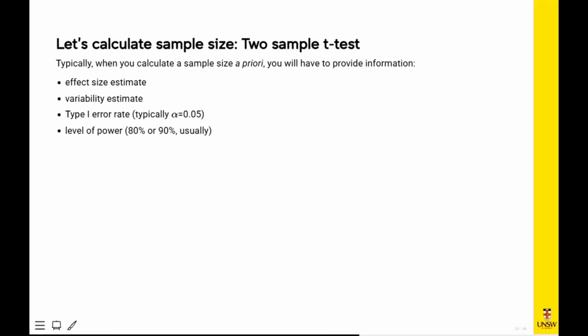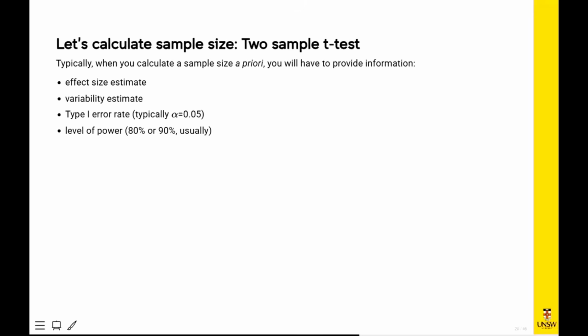And we can choose our level of power. At a minimum, you expect power to be 80%. But particularly if you're doing a grant proposal and a sample size calculation, 90% is standard.